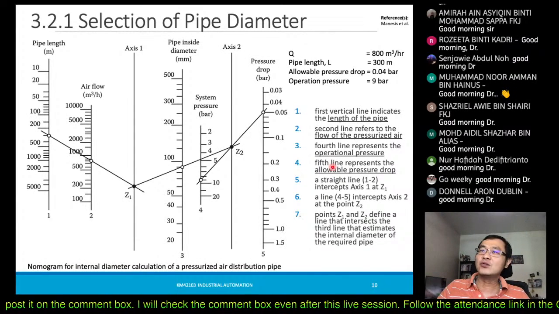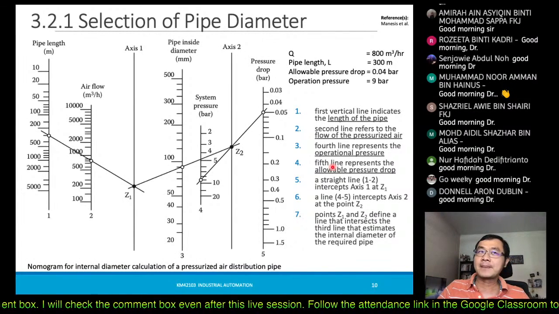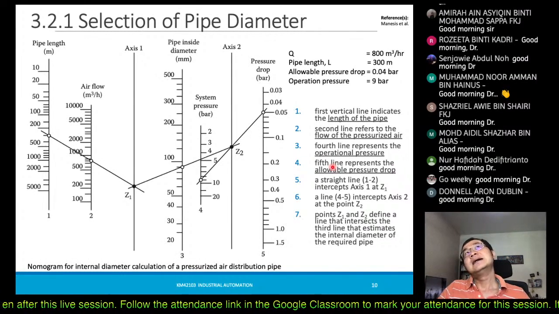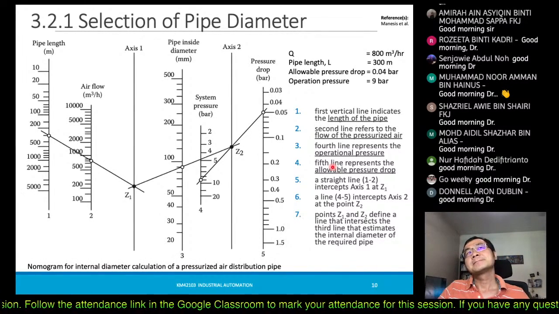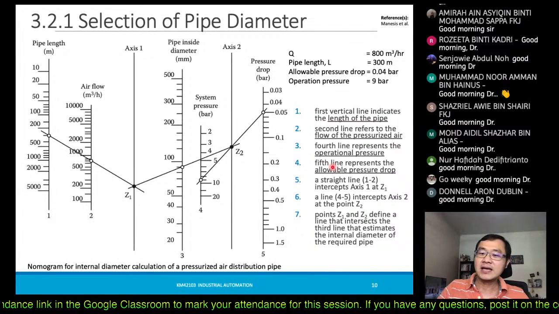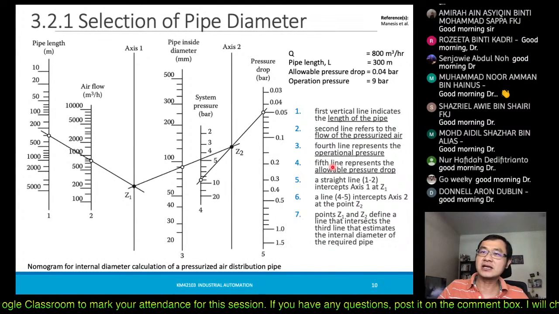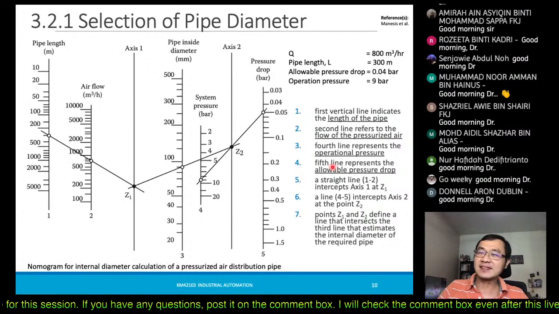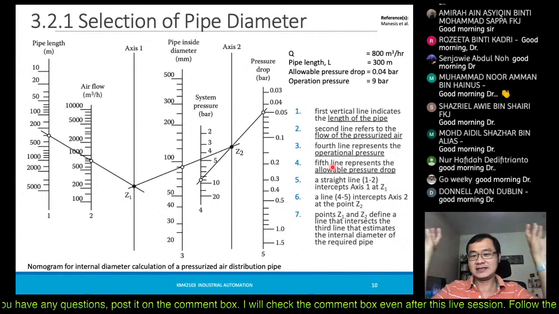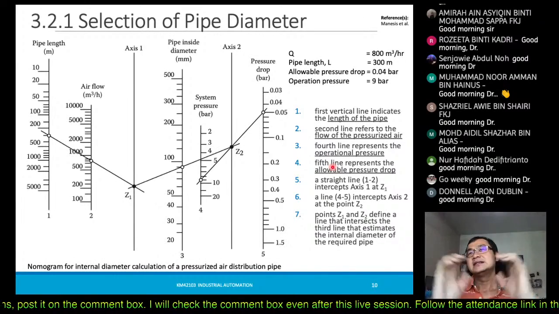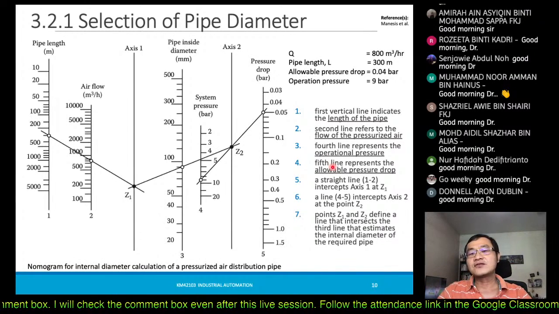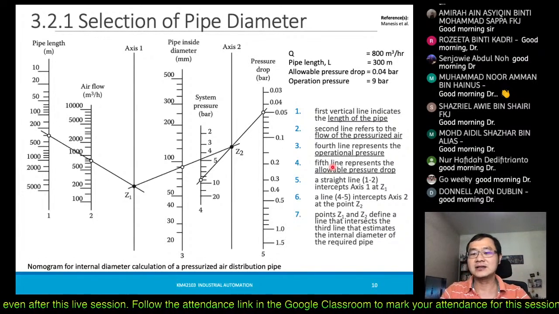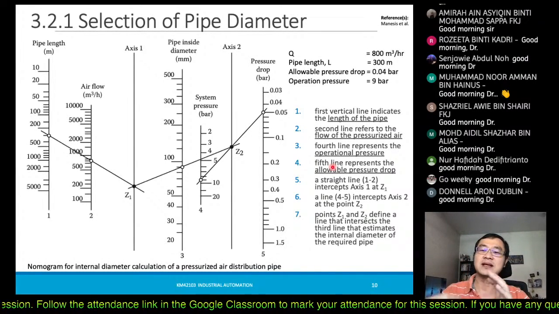Even if you are working in HVAC, heating, ventilation, and air conditioning, when we select the size of the duct within the air conditioning system, we also have a chart we call a ductulator, something similar to this but in circular form.